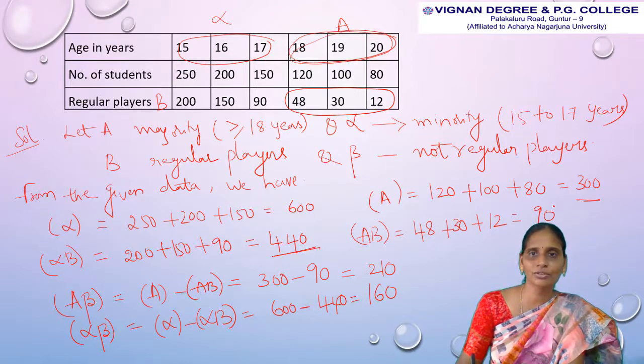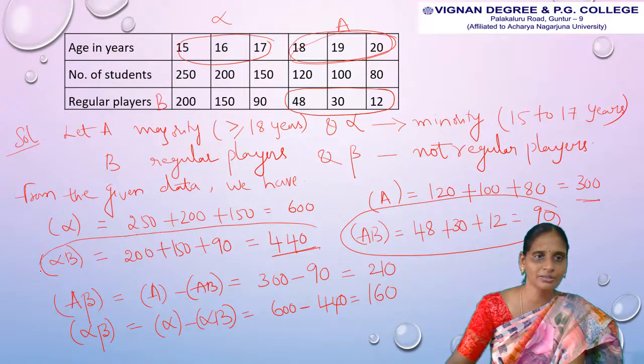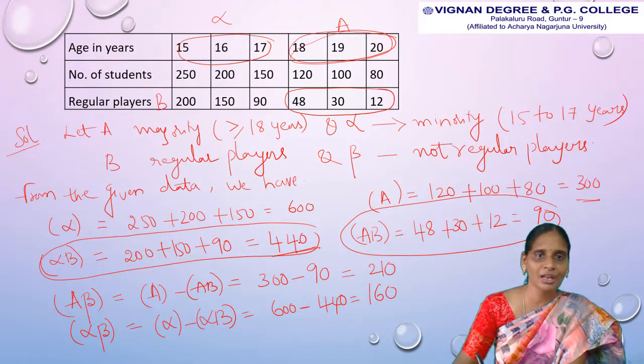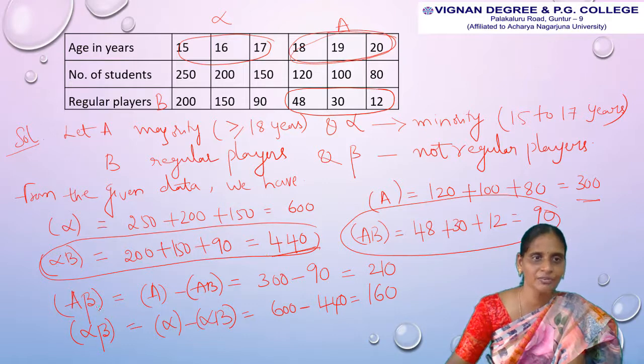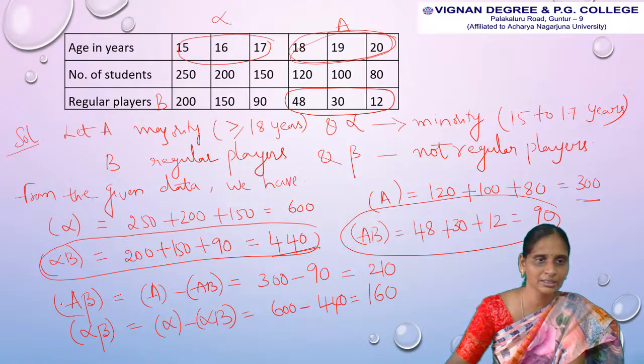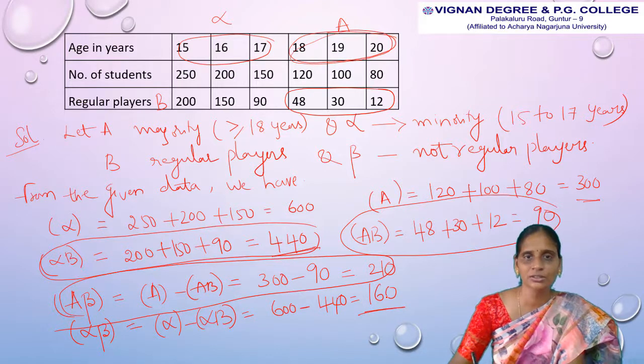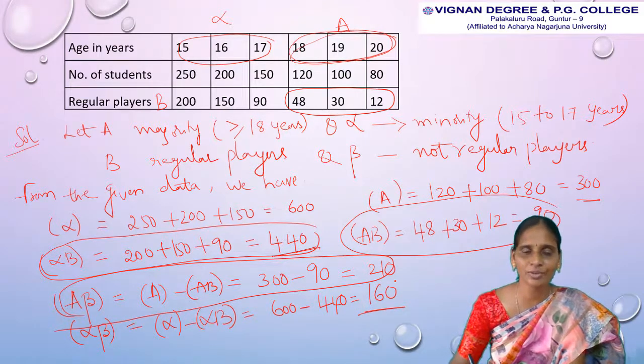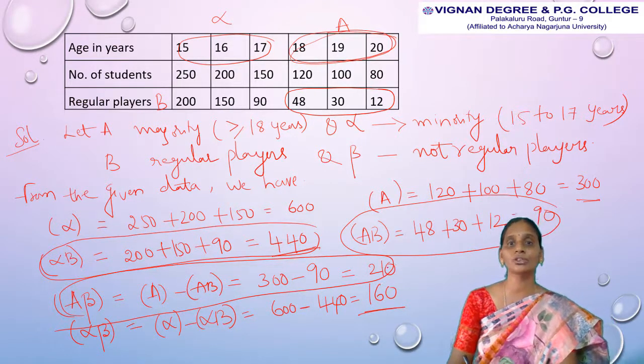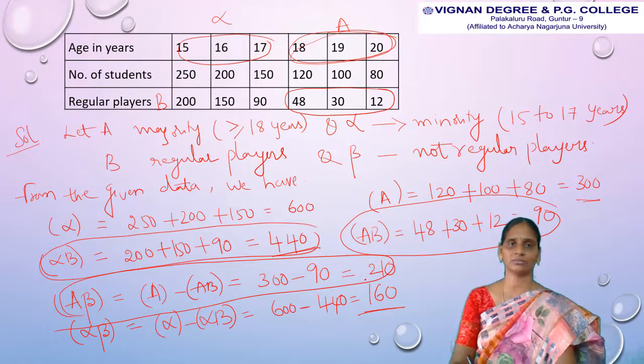We get the values: frequency of AB is 90, frequency of alpha B is 440, frequency of A beta is 210, frequency of alpha beta is 160. So we have to substitute these four values in the coefficient of association.